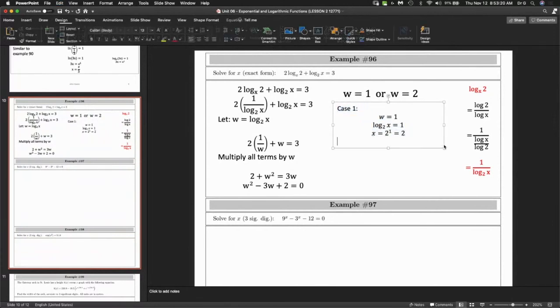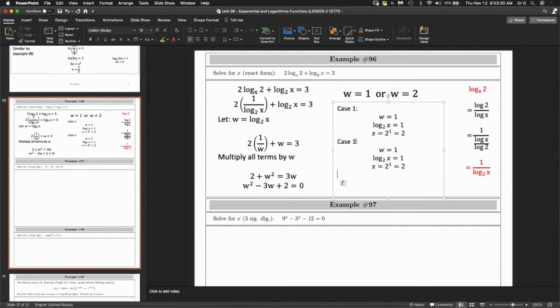That's case 1. And case 2 would be w equals 2, where the exponent becomes 2, and you get a 4.